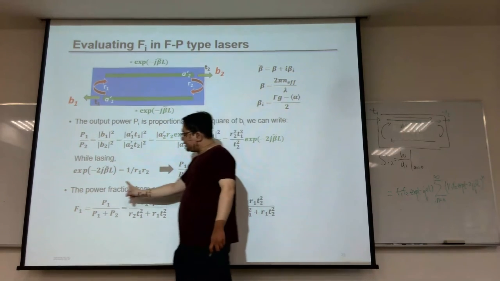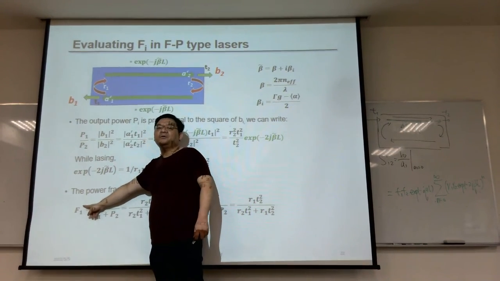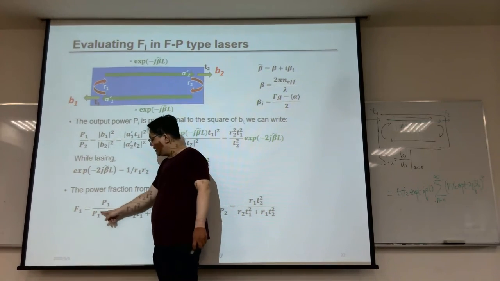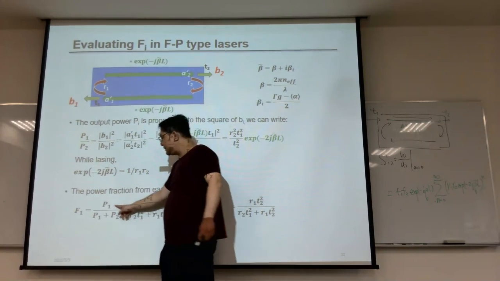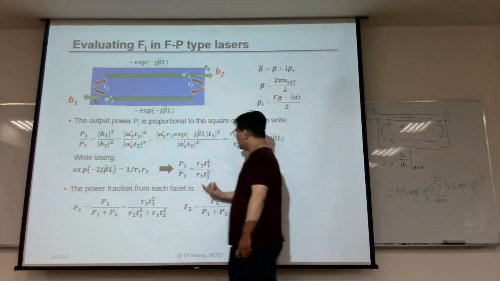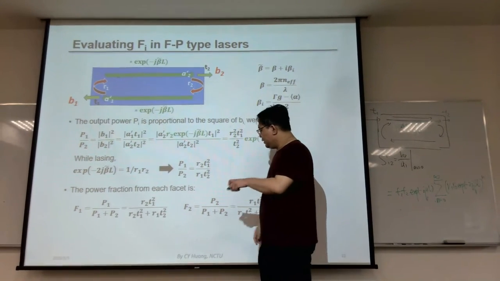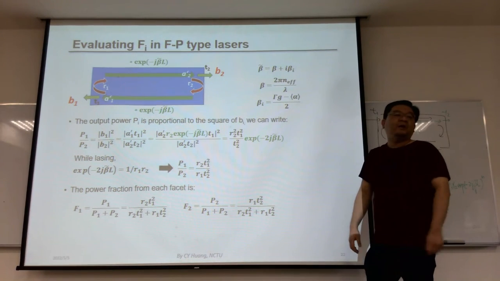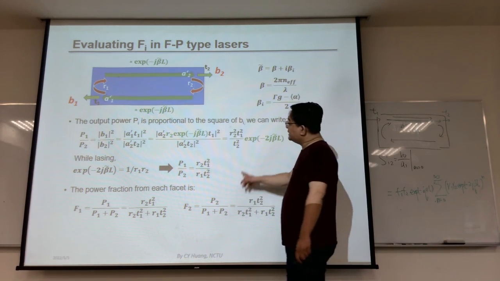So the fraction of light coming from facet 1 will be P1 divided by P1 plus P2, where this is the total power. You just put the parts in, and you will get the actual power coming from both sides. So let's see a special case.